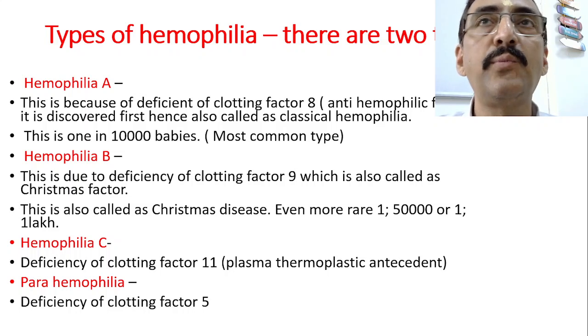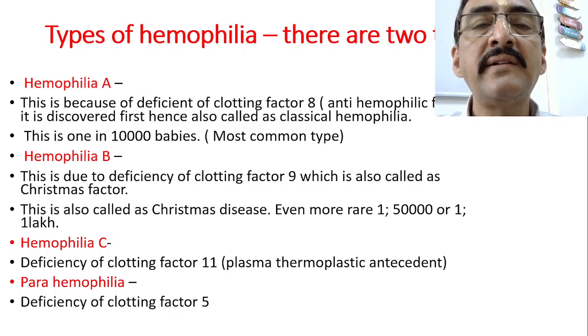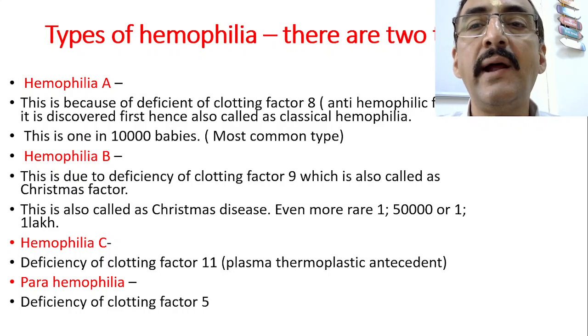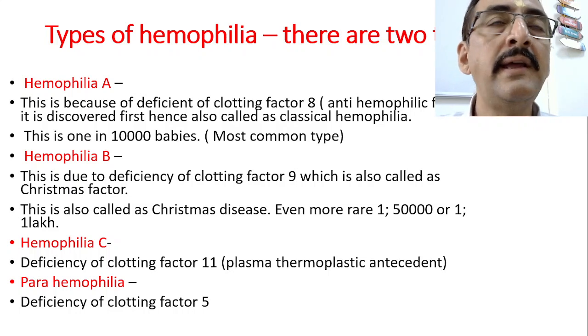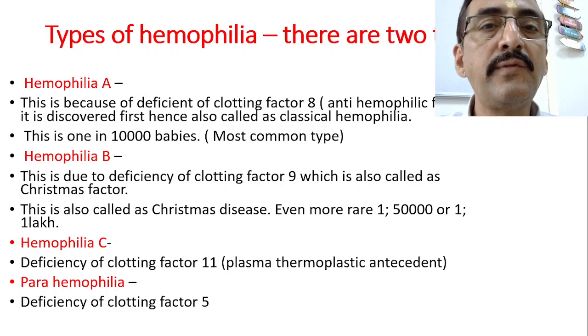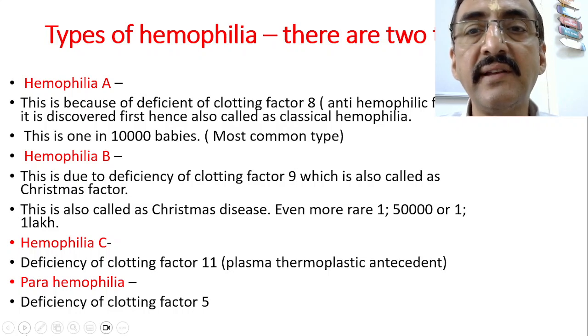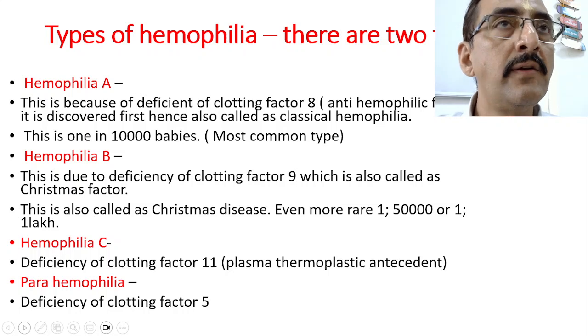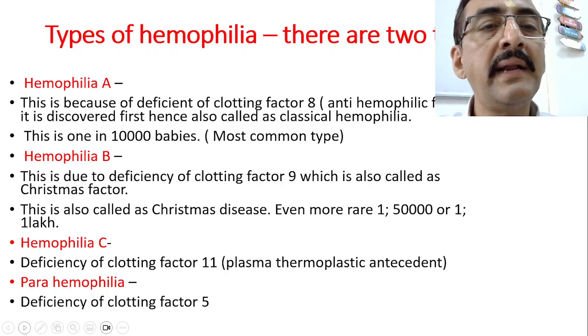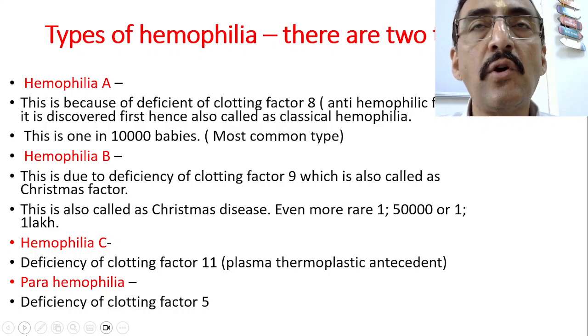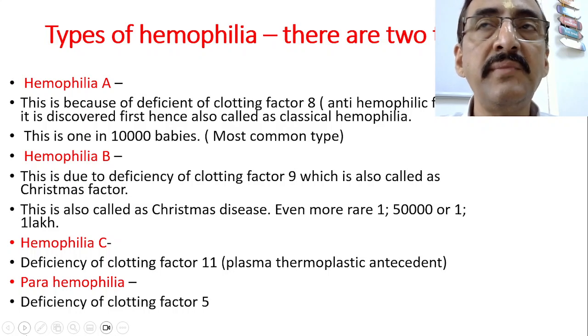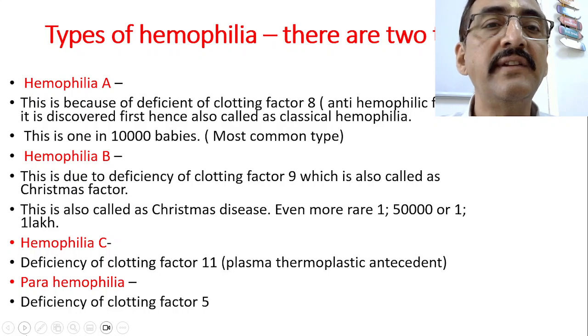Among the hemophilia group of disorders, factor 8 deficiency, or anti-hemophilic factor deficiency, was discovered first. Therefore, this is also called true hemophilia or classical hemophilia. The prevalence is 1 in every 10,000 babies, so this is the most common type. 1 in 10,000 babies means a good incidence.